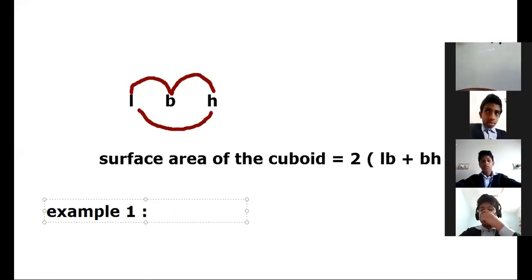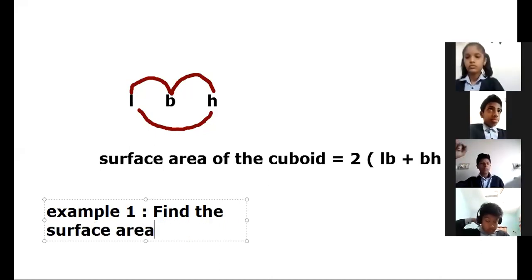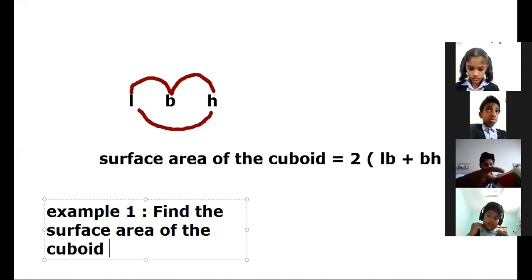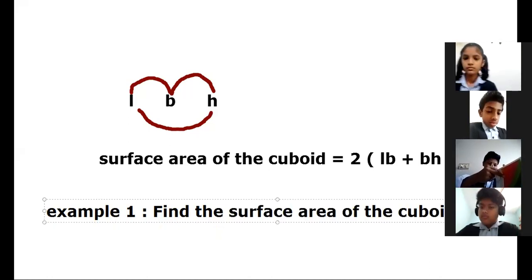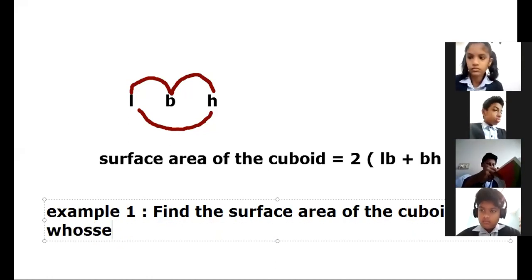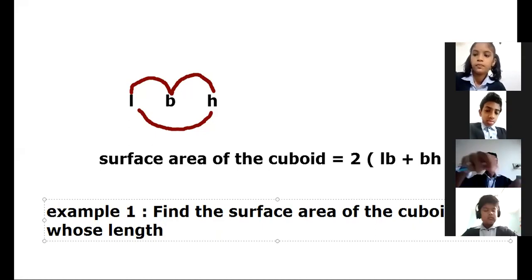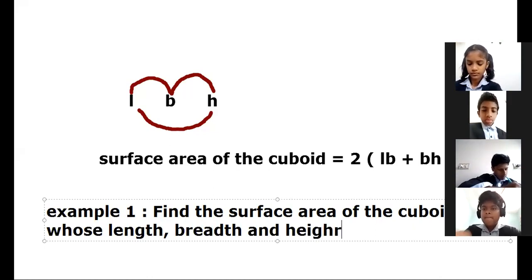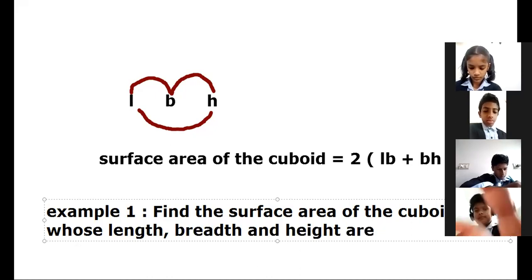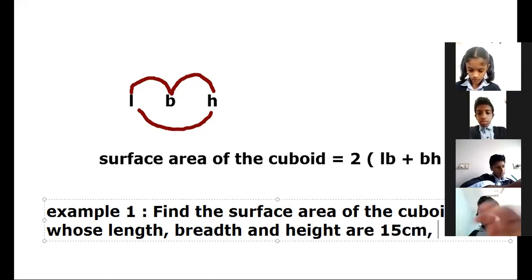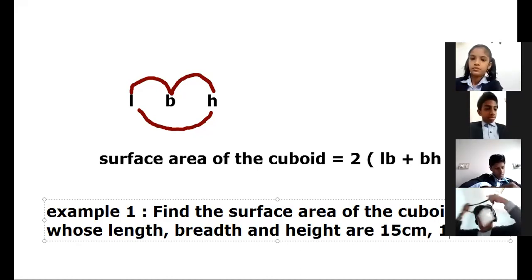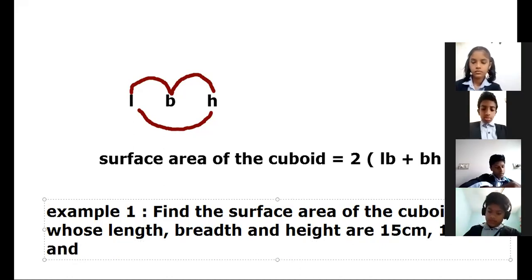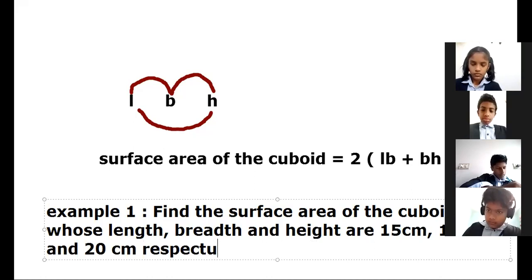Find, F should be capital. Find the surface area of the cuboid whose length, breadth, and height are 15 centimeter, 10 centimeter, and 20 centimeter respectively.